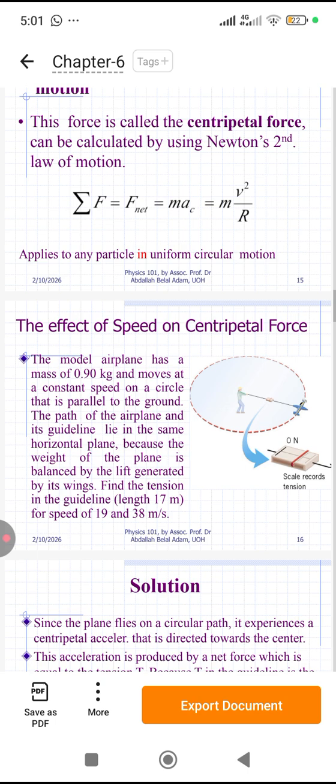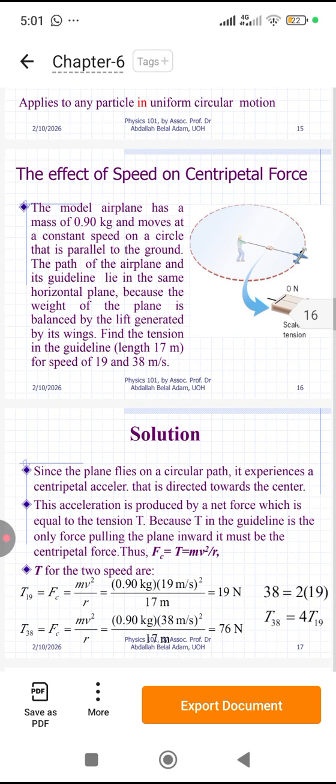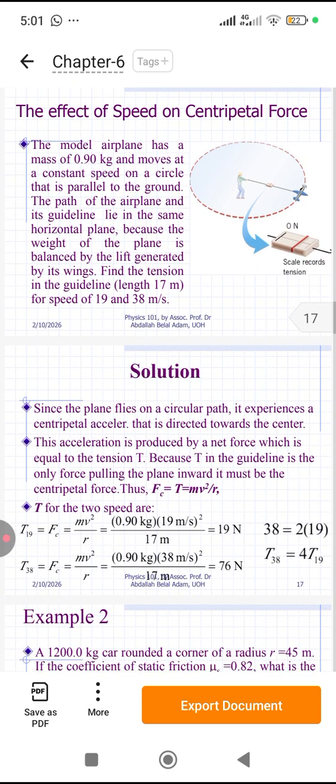Find the tension in the guideline of length 17 meter, for speeds of 19 and 38 meter per second.